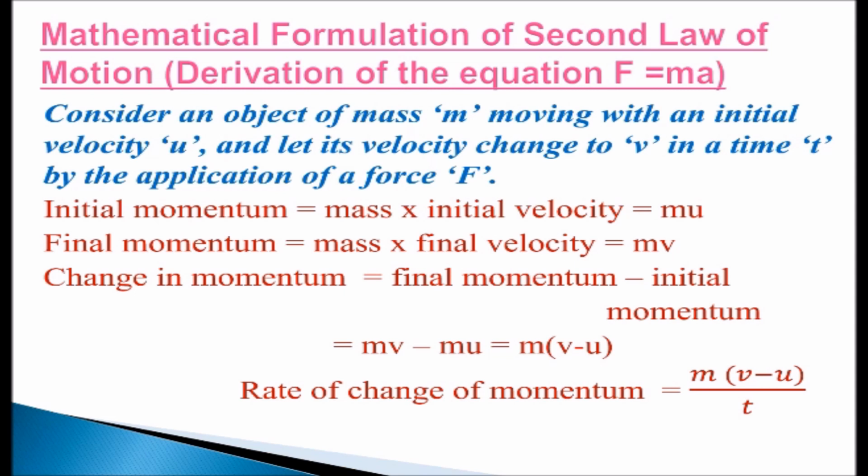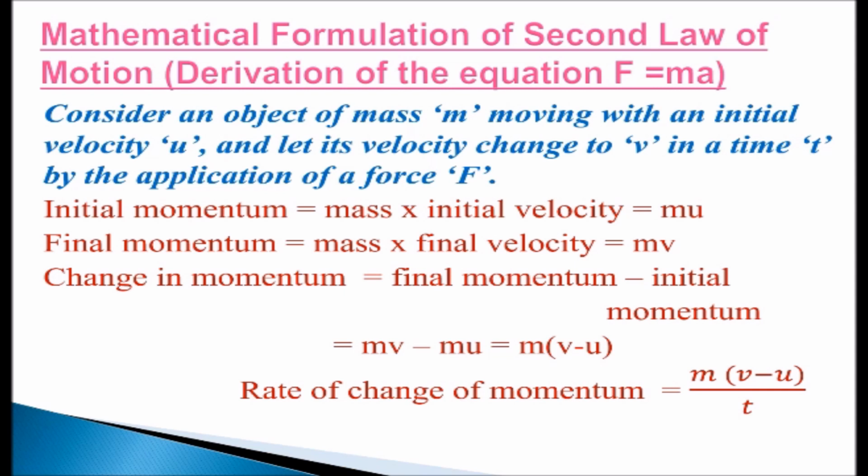consider an object of mass m moving with an initial velocity u. We change its velocity to v by applying a force F in a time t. The initial momentum of this object is given by mass into its initial velocity, that is equal to mu.